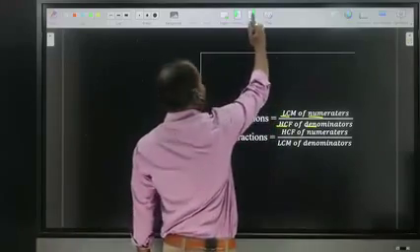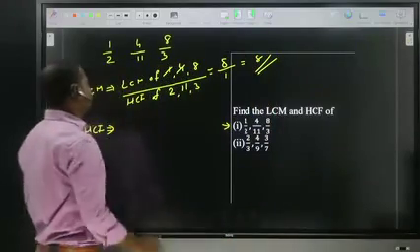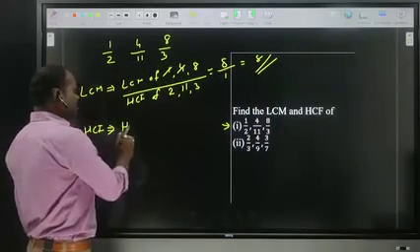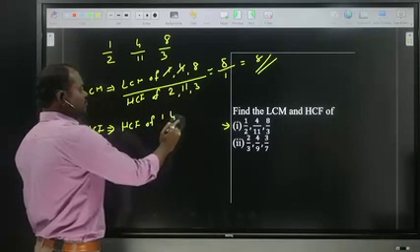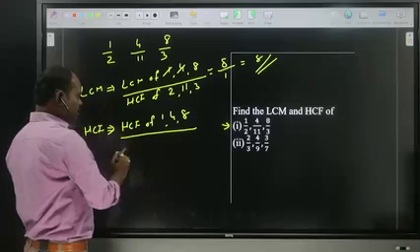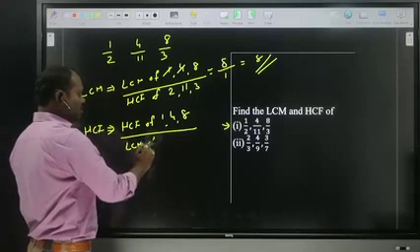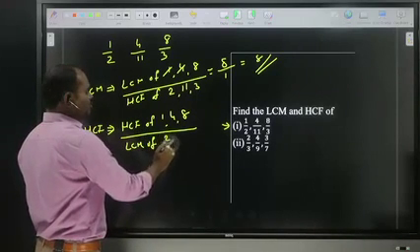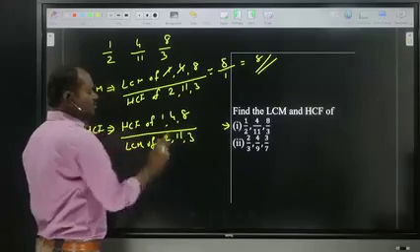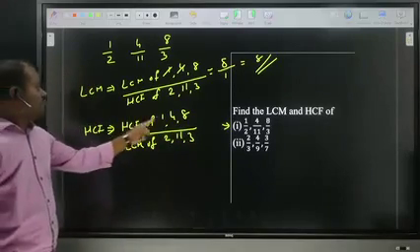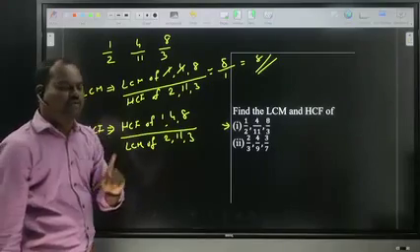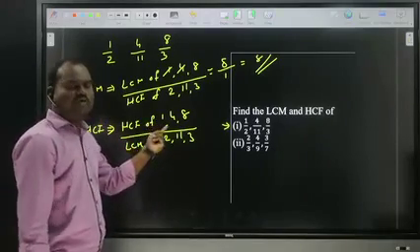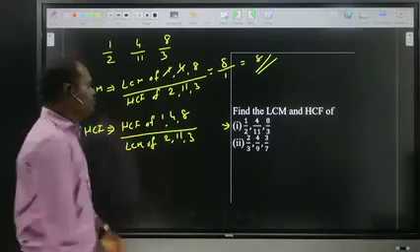So HCF of numerators, that means HCF of 1, 4, 8, by LCM of 2, 11, 3. In HCF, what is the shortcut I said, ma? All numbers are getting in any one table. Only one table because 1 is there, ma. Other than 1, we can't get any one. So HCF is how much, ma?